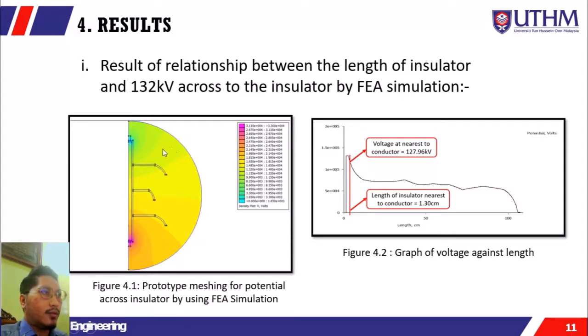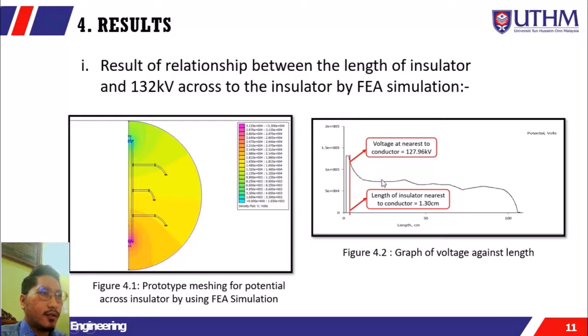What we can analyze from this result is that we can see the maximum voltage nearest to the conductor, which is 127.96 kilovolt. This voltage we got from the nearest distance of the insulator from the conductor, which is the place where we inject the 132 kV, at 1.30 centimeter.